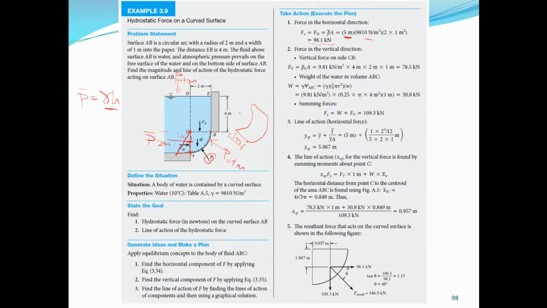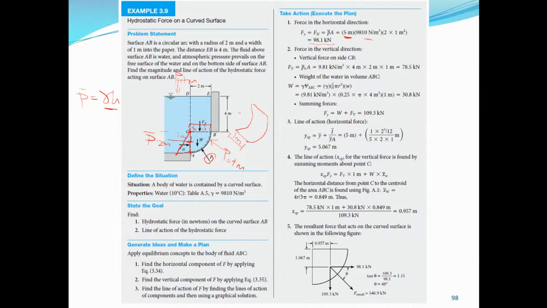Now, in the vertical direction it is similar, except that the pressure distribution in the vertical direction is uniform in this case. This is the pressure distribution, which is uniform.